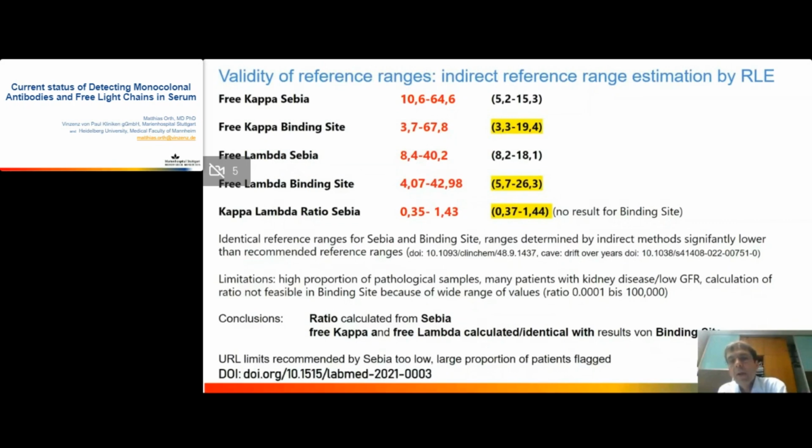And we use the same reference ranges for kappa, for binding site and Xavier, using our data from this indirect method, and with these reference ranges, the proportion of patients flagged was rather low. Beforehand, I think something like 60 or 70% of the patients were flagged with abnormal results.